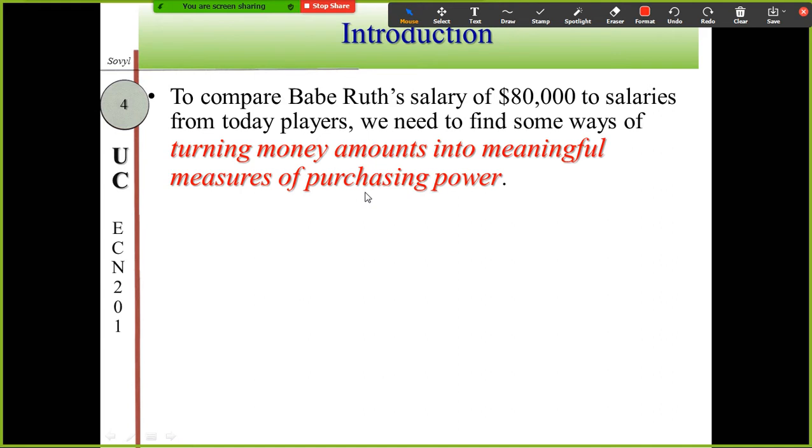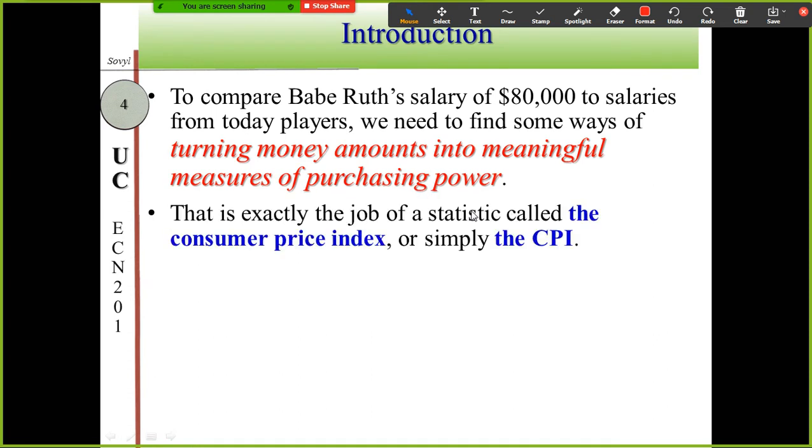What does purchasing power mean? Purchasing power is the power to buy, to purchase. You can say buying power, but that is not the formal word. The formal one is purchasing power: the power of money to buy goods and services.